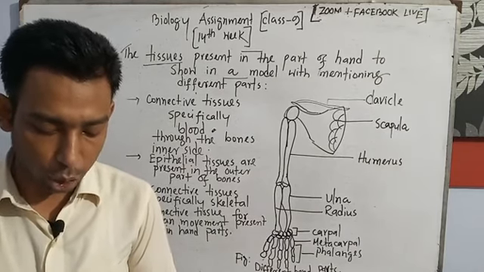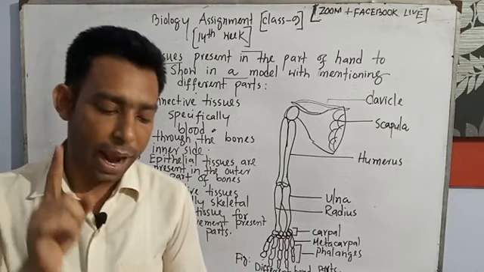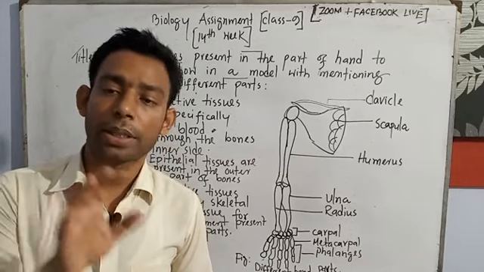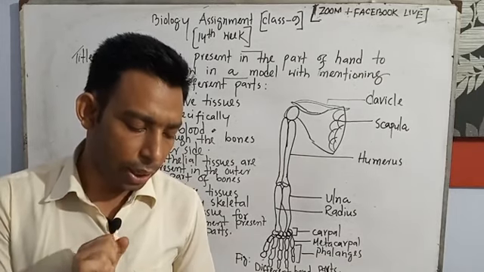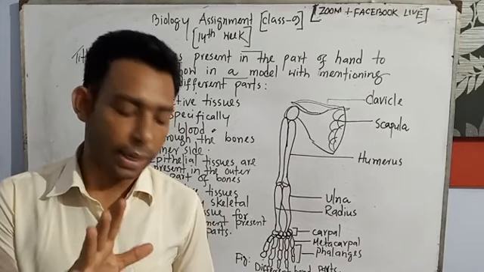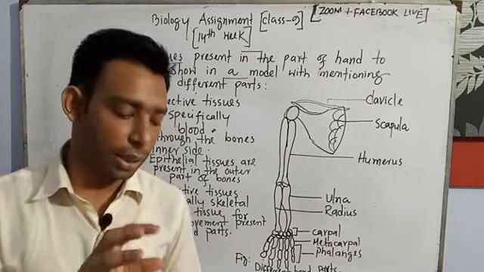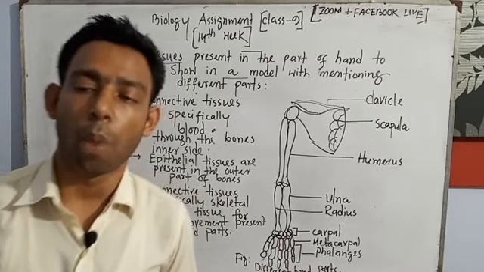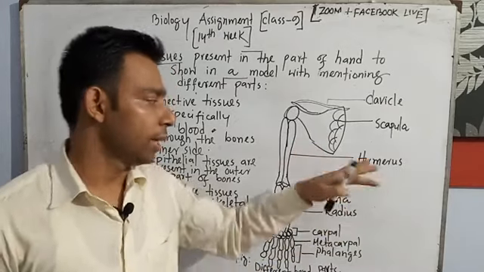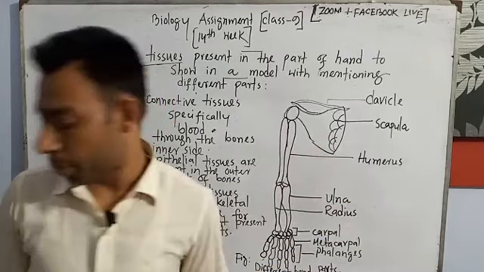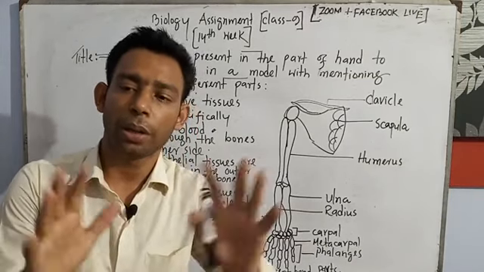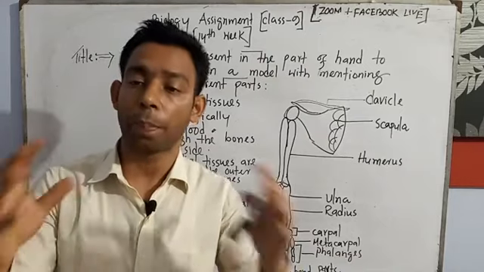The question clearly says that the hand is one of the best organs in our body, and there are some different tissues present in it, and which tissues are present in which part of the hand, to mention this and mark and make a model of them, to draw this accordingly and mark those parts to show in the model. So what should we do? I will tell you once again. If you do the model on A4 size paper, they are mentioning poster paper, you can use that.